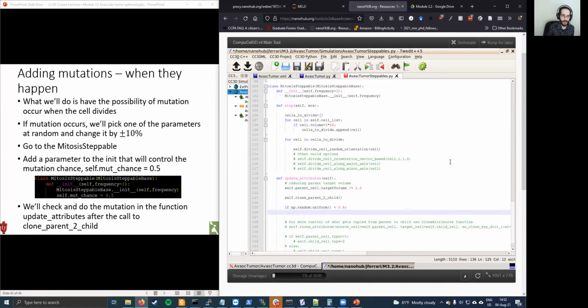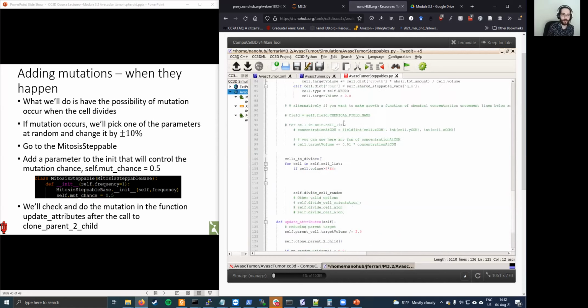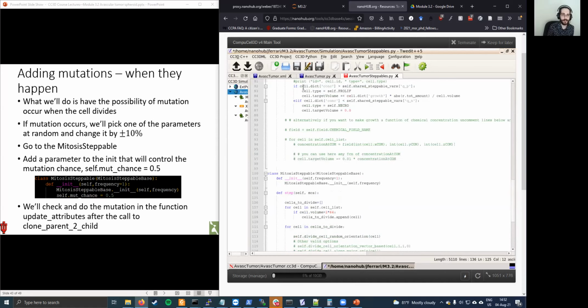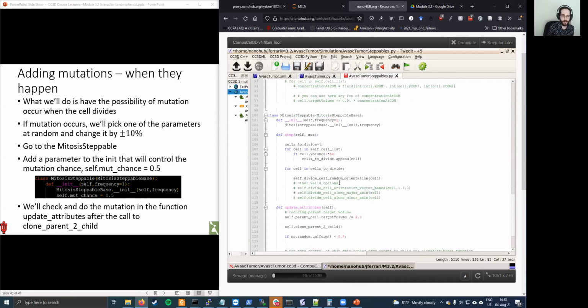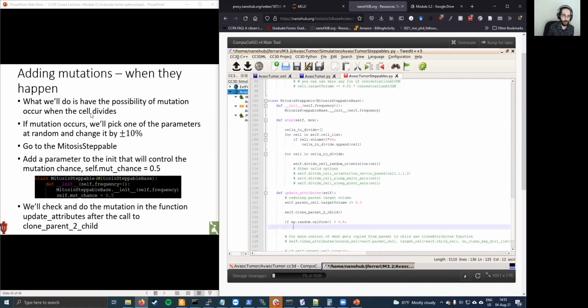Then I want the cell dict, the growth dict, which is here, to change by, well, in the slides I'm saying plus or minus 10%, but let's be more aggressive just to make things more visual.